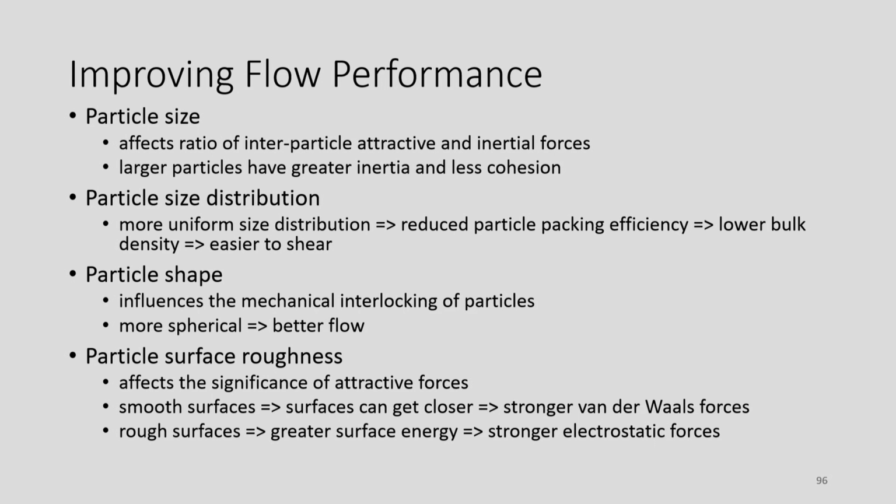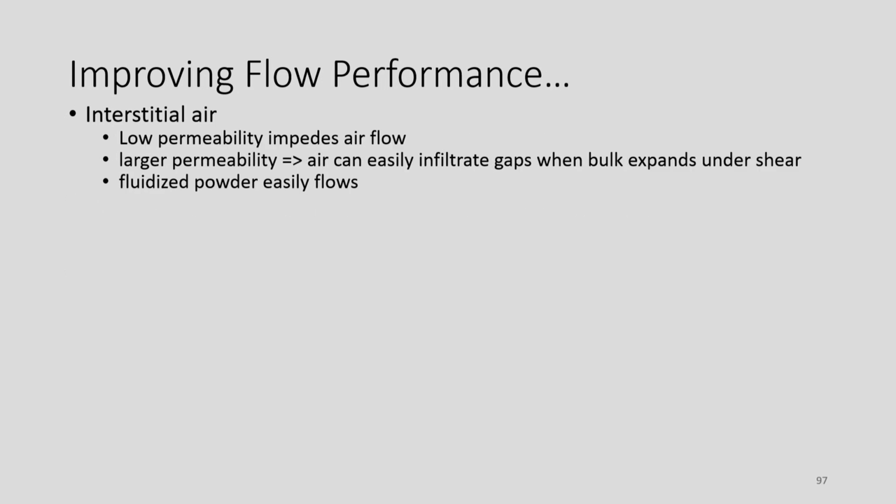It could be either van der Waals or electrostatic forces. Interstitial air: lower permeability or low porosity will affect the powder flow. Right, I gave you one example yesterday, wheat flour unloading.